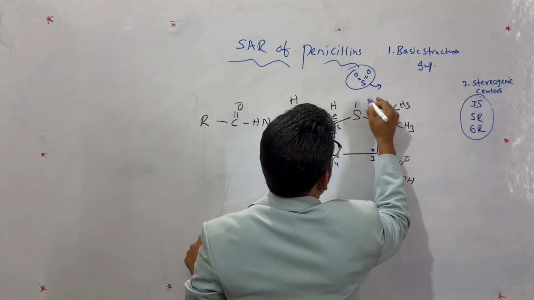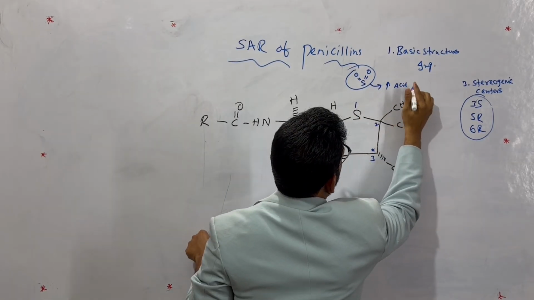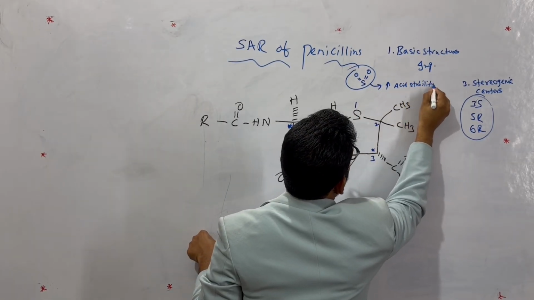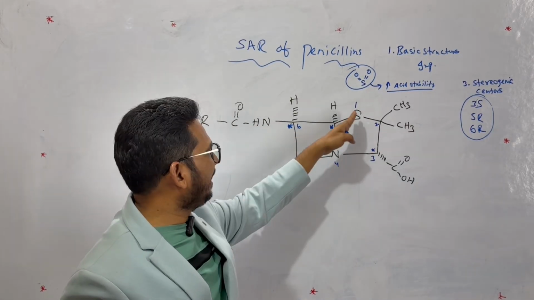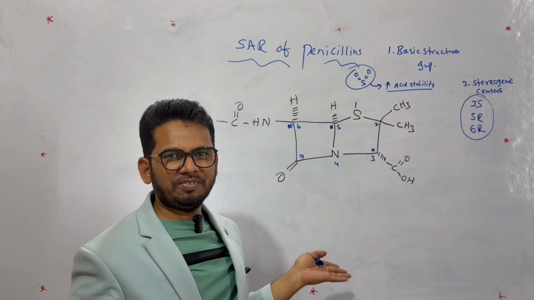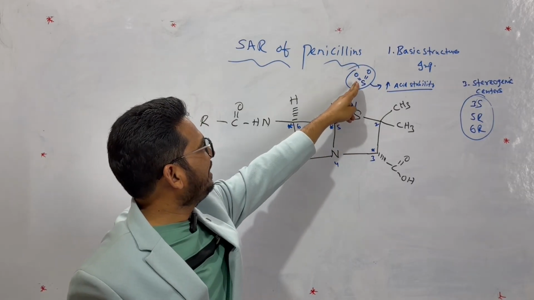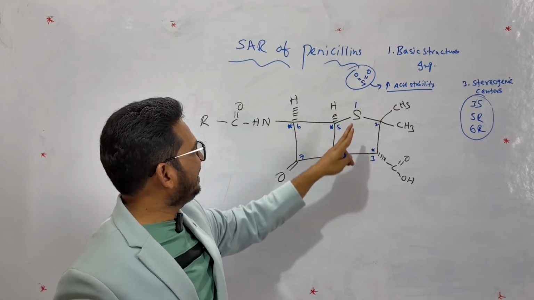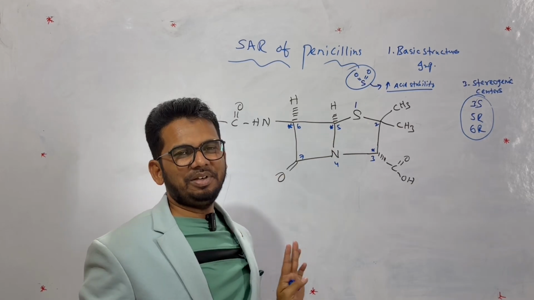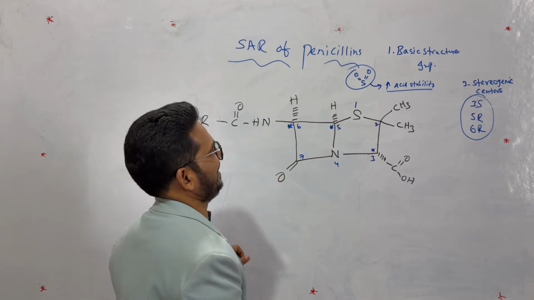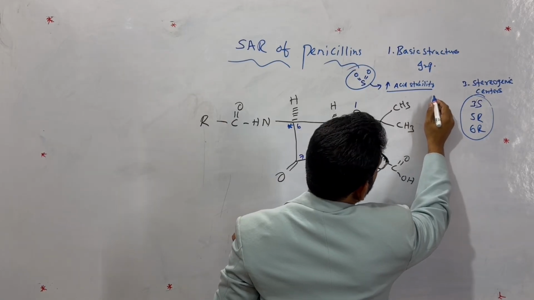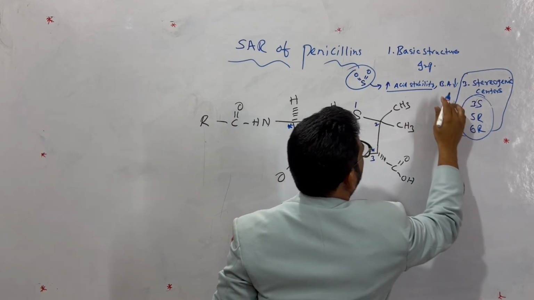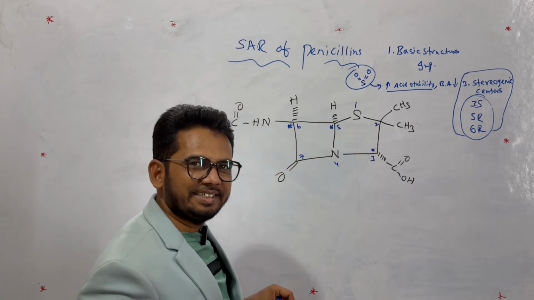What will oxidation do on the sulfur? It increases acid stability. It means that due to the acid, the structure is not going to break down. If it breaks down due to acidity, then the structure is of no use. That's why if it is oxidized, acid stability increases. But the problem is that acid stability increases, but biological activity decreases.